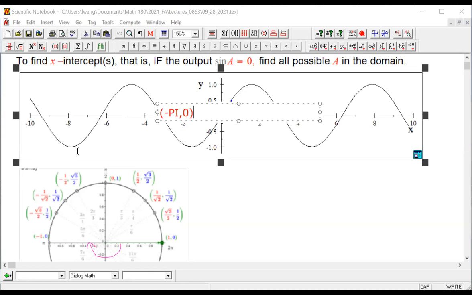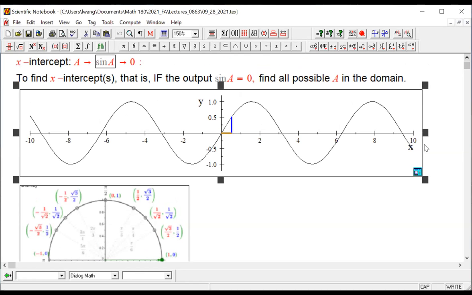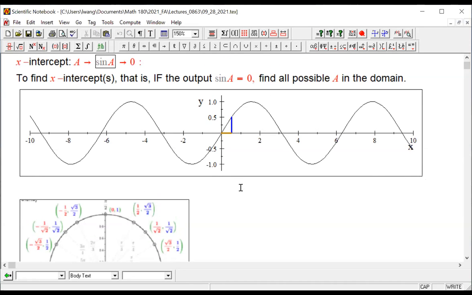Do we see a pattern? From the curve here or from the unit circle here, do we see a pattern now? So what are the inputs that will cause the output to equal 0? Pi, 0 is 1, right? What else? Pi is 1. Plus minus pi, another.